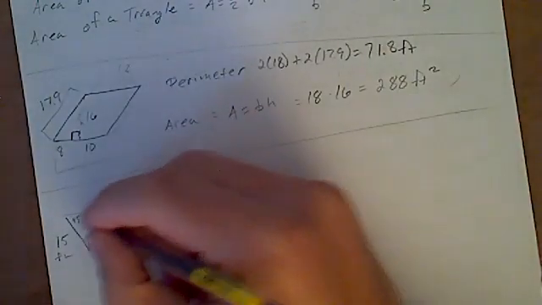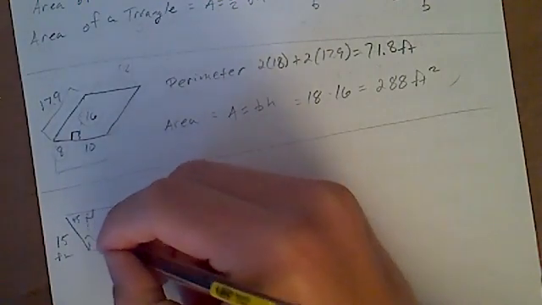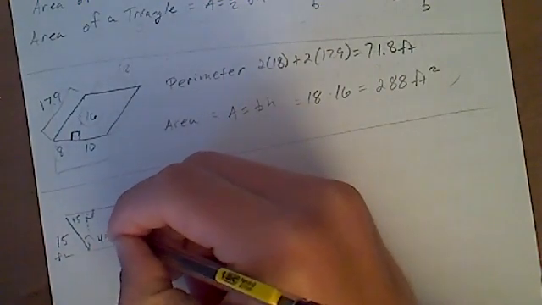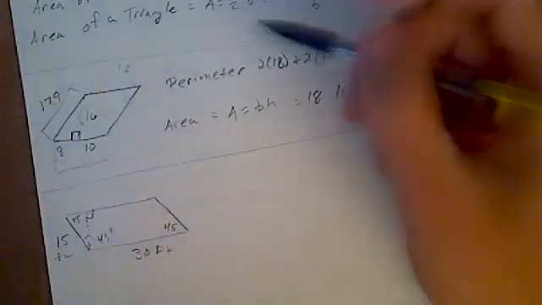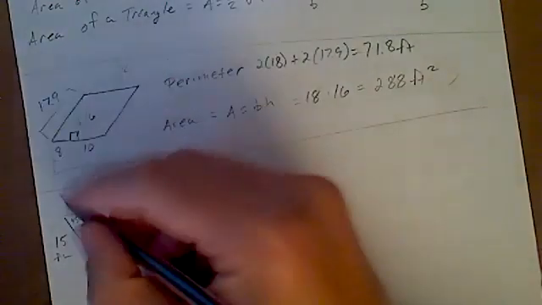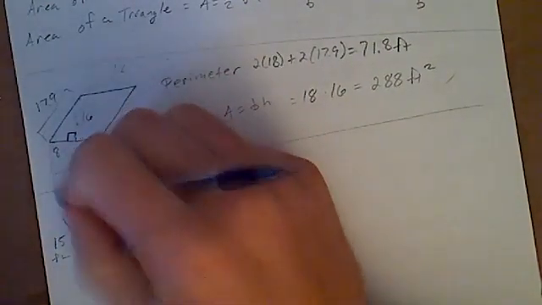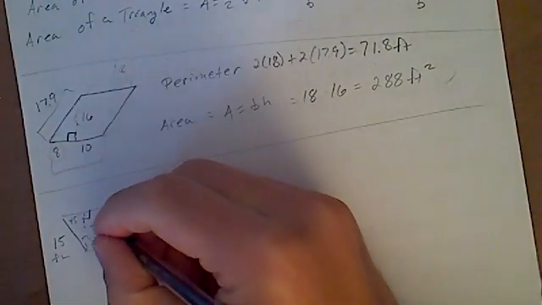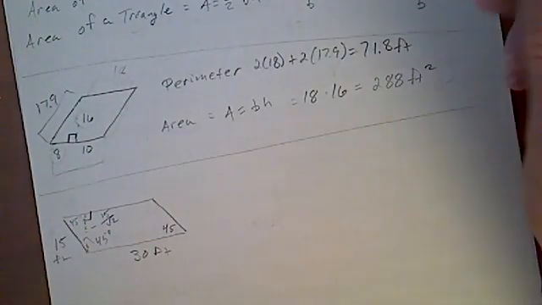My diagram is not well drawn to scale, because this is a right angle, and so this must be 45 degrees. We have a 45, 45, 90. The hypotenuse is 15, and so the other side, which we don't care about, but we do care about the height. The height must be 15 over the square root of 2 because of our special right triangles.